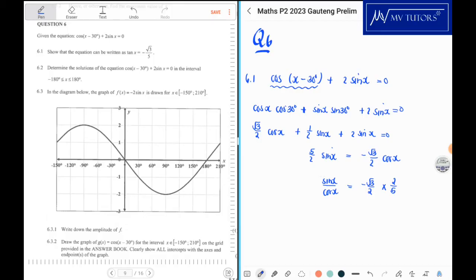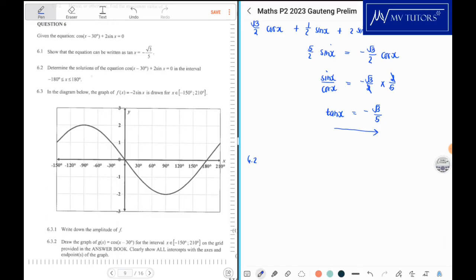Okay, and what I have then on the left hand side, sine over cos is equal to tan x. And if I cancel out the 2's, I have negative root 3 over 5. And we are done with 6.1.